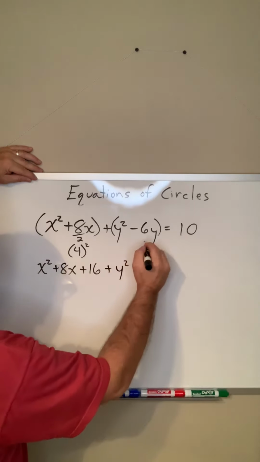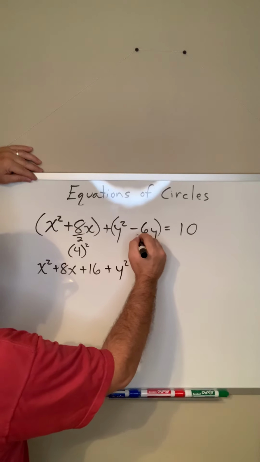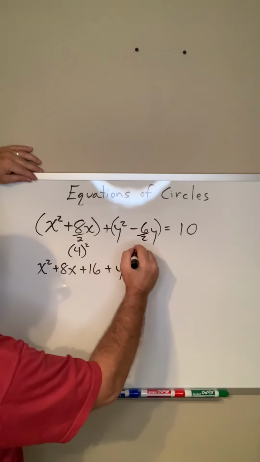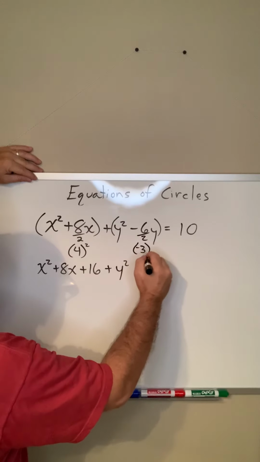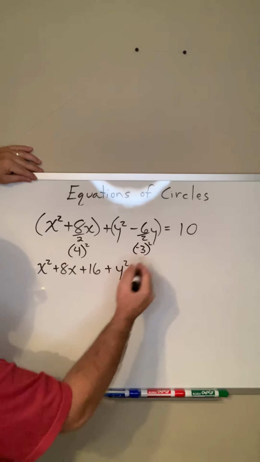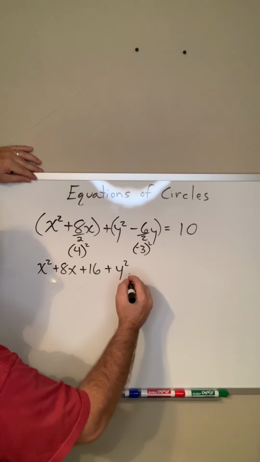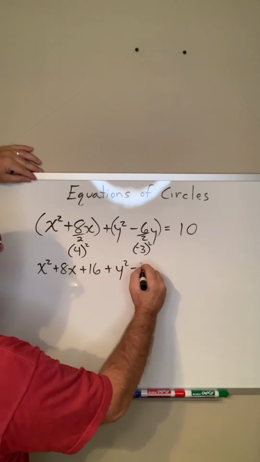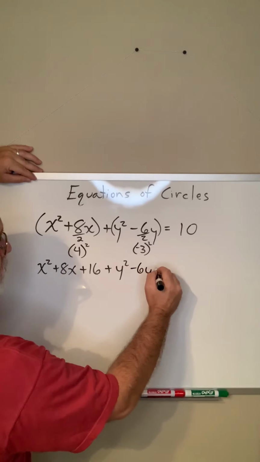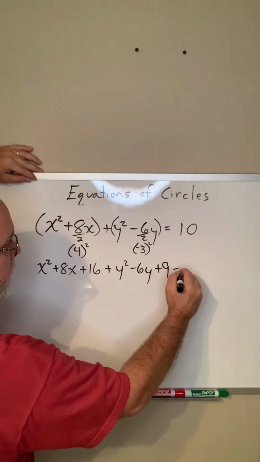y². I'm going to do the same thing here and take half of negative 6, which is negative 3. We square it. When I square the negative, I end up again with a positive. So this would be −6y and then plus 9 equals.